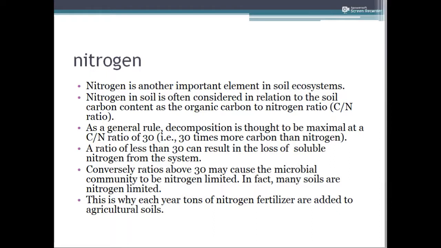A ratio less than 30 can result in the loss of soluble nitrogen from the system. And if the ratio goes above 30, it would cause the microbial community to be nitrogen limited, that is, they will be lacking the nitrogen that is present. So that's why in certain cases we need to add nitrogen fertilizers.